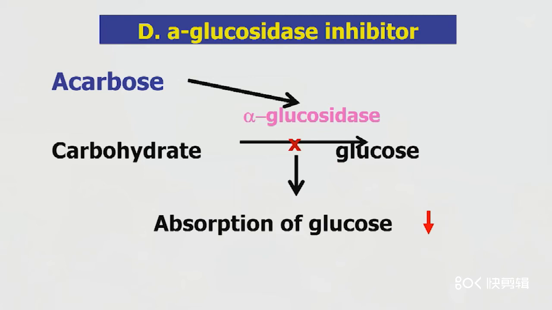So just now we mentioned 4 oral hypoglycemic agents: sulfonylureas, biguanides, metformin, and rosiglitazone, and alpha-glucosidase inhibitor. The last one, acarbose, is safer and reduces glucose level gently.